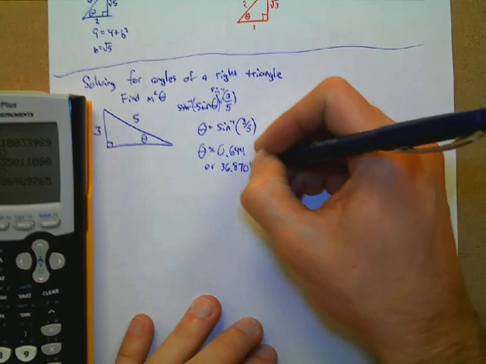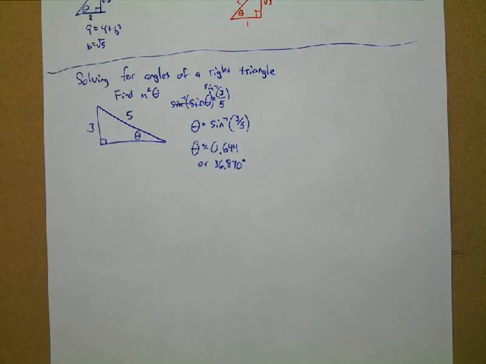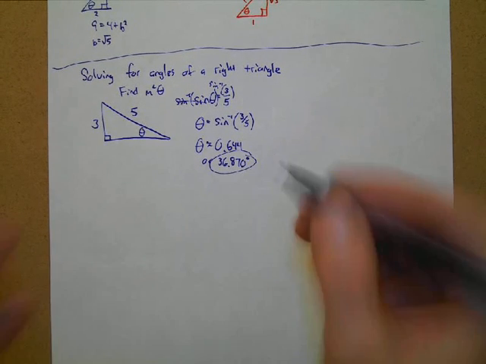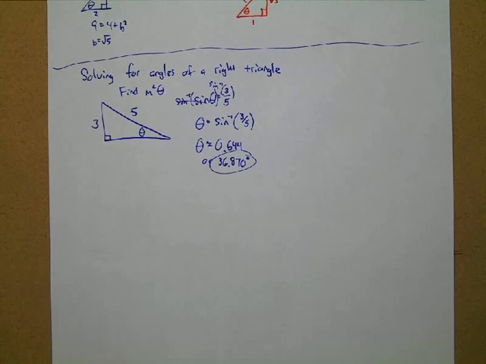Let me give you one here to try, and then we'll be done. Again, find the measure of angle theta, and these triangles are not drawn to scale. There you go.